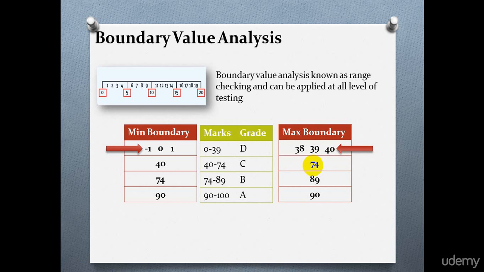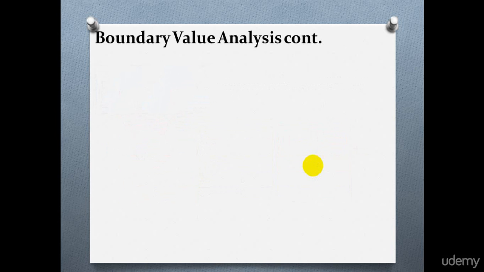That means whenever you're testing your application using boundary value analysis, you test based on the minimum boundary and the maximum boundary, that is: minimum minus 1, minimum, minimum plus 1, maximum minus 1, maximum and maximum plus 1. So these are the boundary conditions for any test.